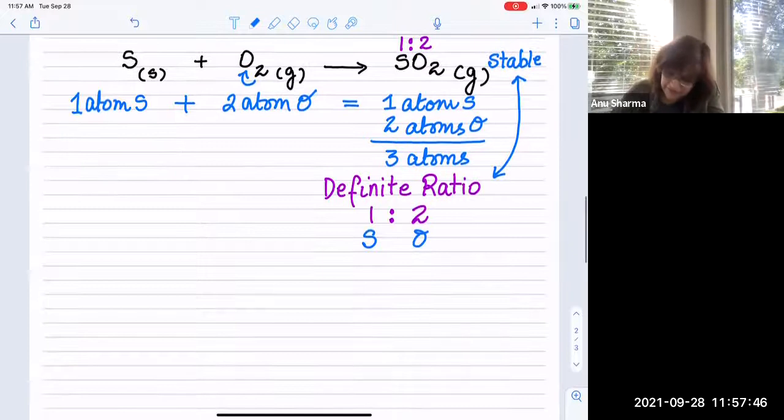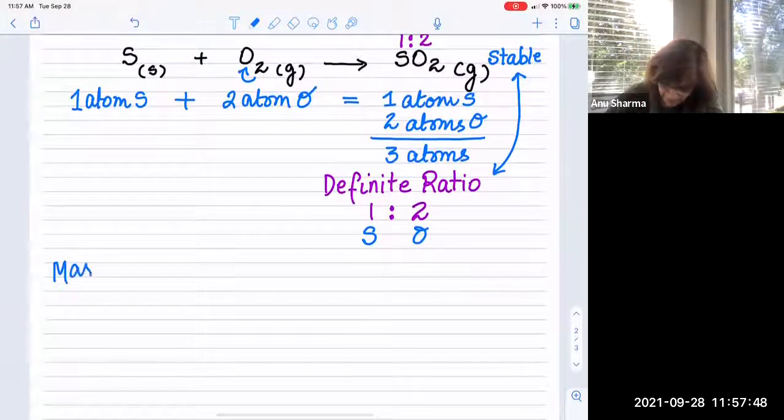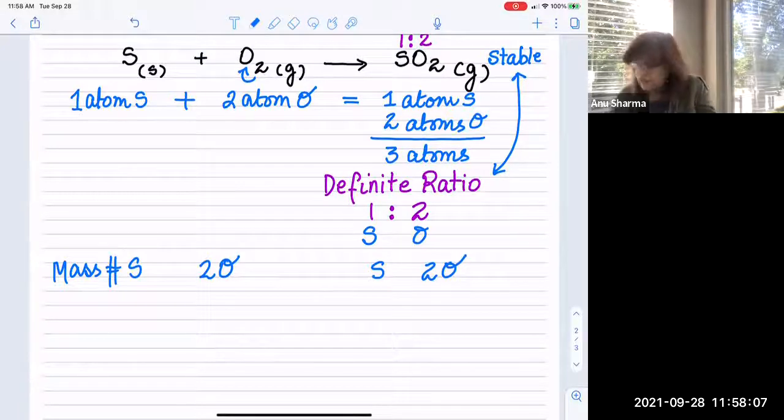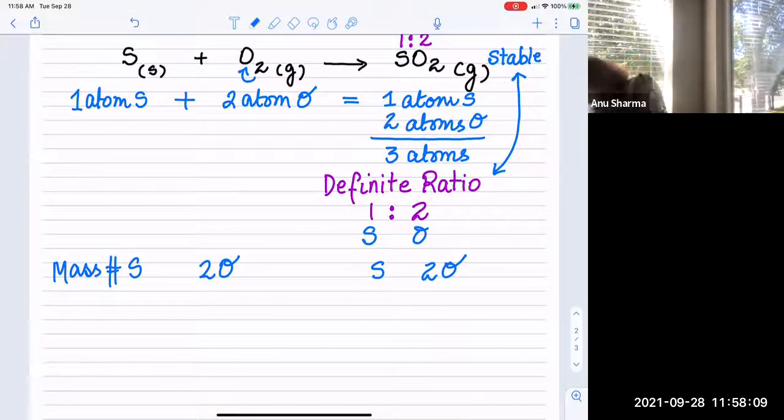Now let's look at the masses. What is the mass number of sulfur and of oxygen? We have 1 sulfur and 2 oxygens. The mass number of sulfur is 32, as you can see.